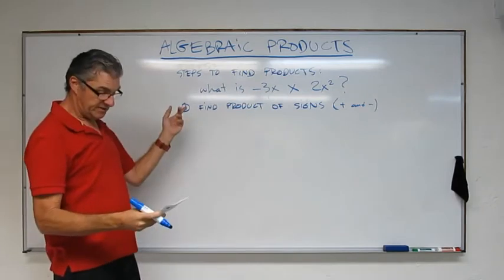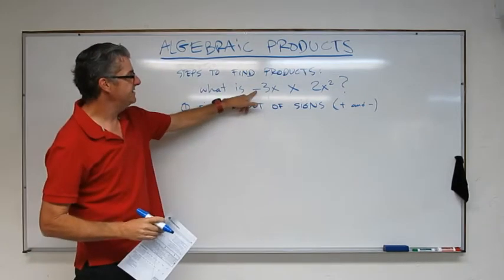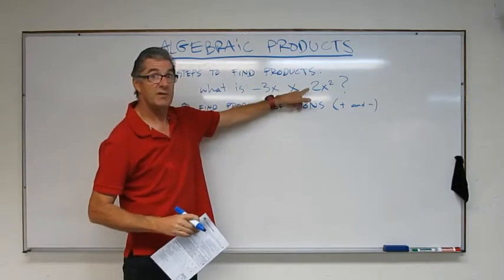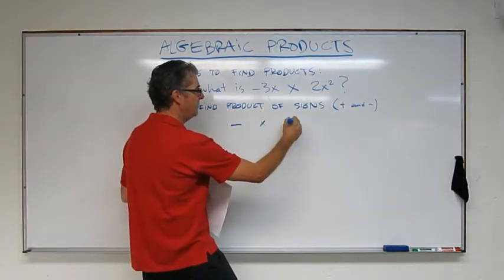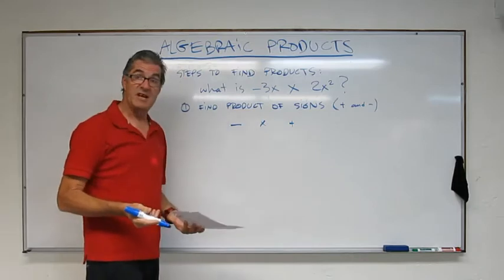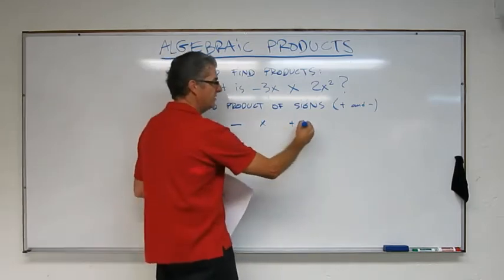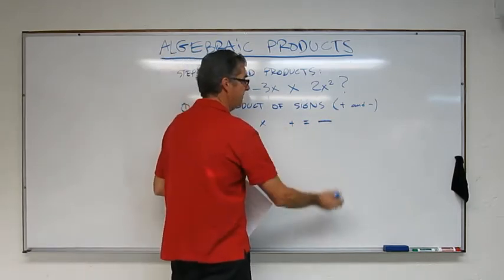So the product of the signs, I've got a minus times, there's a plus there. So I've got minus times plus, and of course when you have a negative times a positive, your product of the signs would be negative.